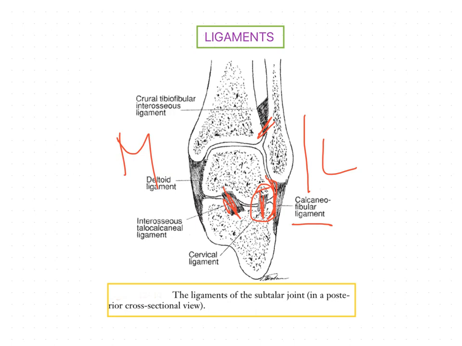The interosseous talocalcaneal ligament lies more medially within the tarsal canal and follows an oblique path from the talus to the calcaneum. This is the interosseous talocalcaneal ligament. This ligament is found in the tarsal tunnel only. Here we can find the tarsal tunnel in between. This is the coronal section.